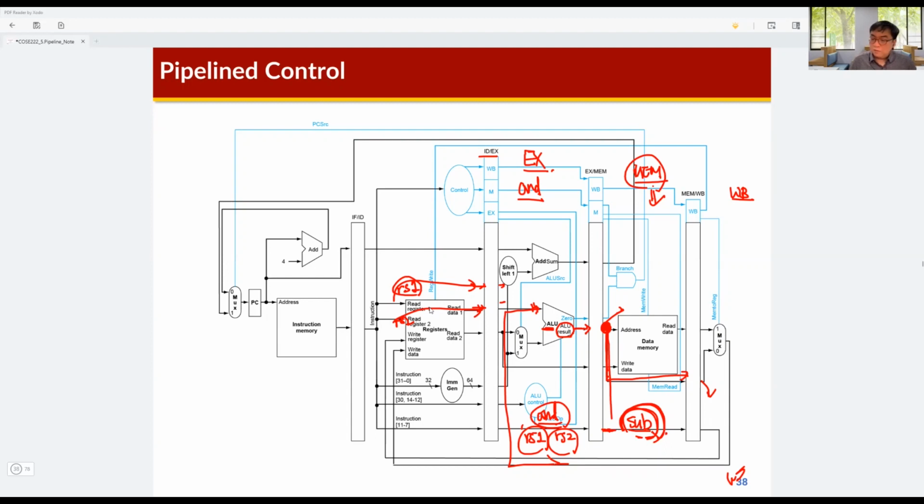And the RS1 and RS2 of the AND? Here, propagated to this stage. So we need to compare the RS1 and RS2 of this pipeline register with the RD of this pipeline register. Understand?